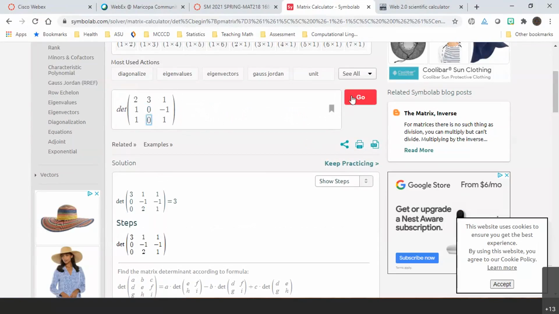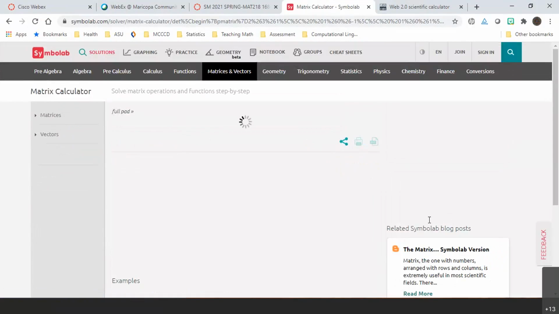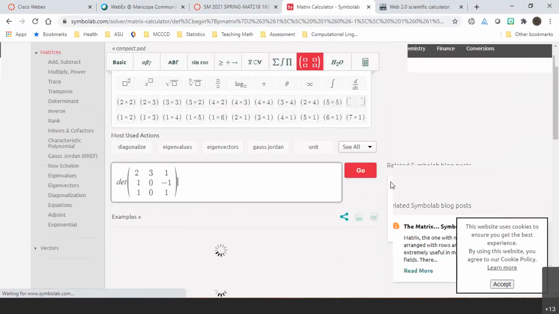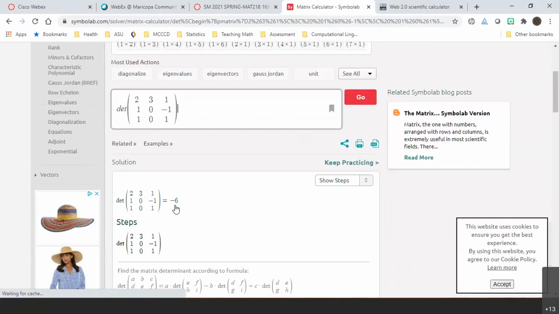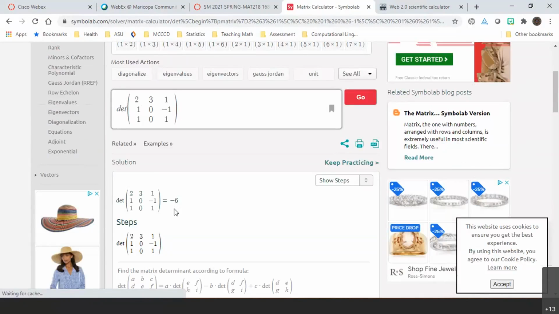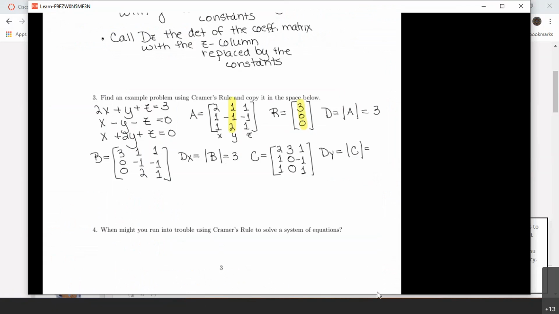All right, and find the determinant of that. And that gave me a negative 6. Okay, so this is D sub Y, the determinant of the Y coefficients. So I'm going to go back here and put in -6.